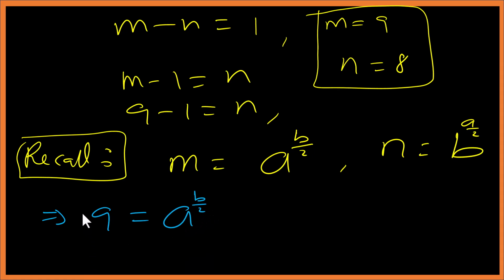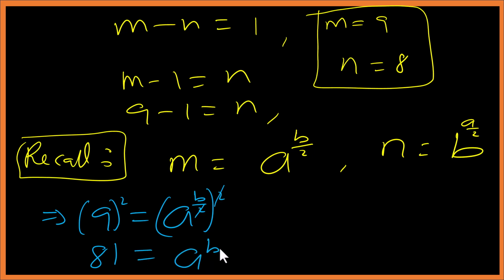Let's square both sides, and this side will cancel this side. Now we are left with 81 equals a raised to b. We can write 81 as 3 to the power 4, which is the same as a to the power b.